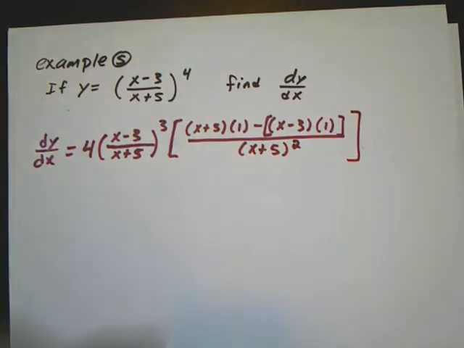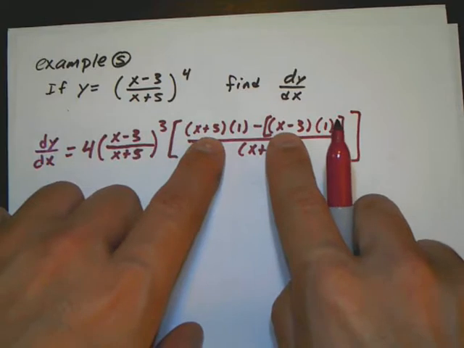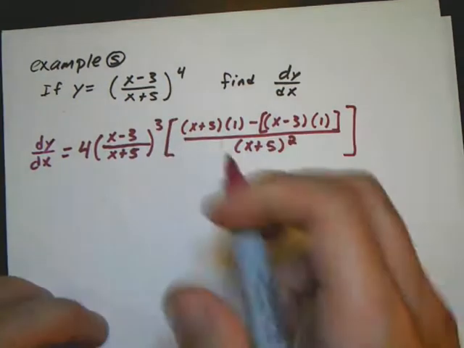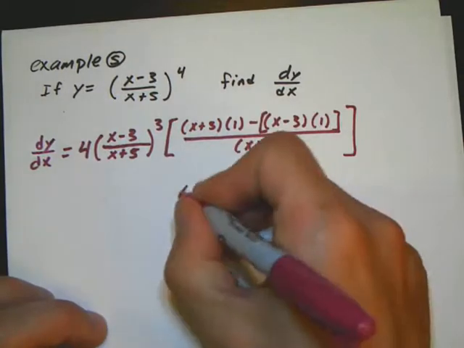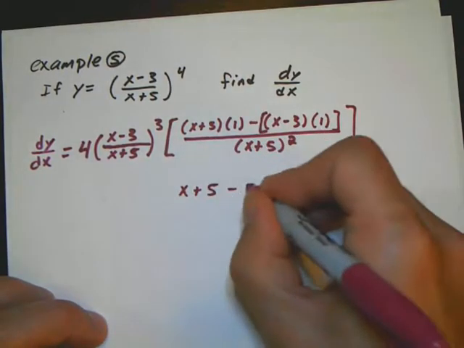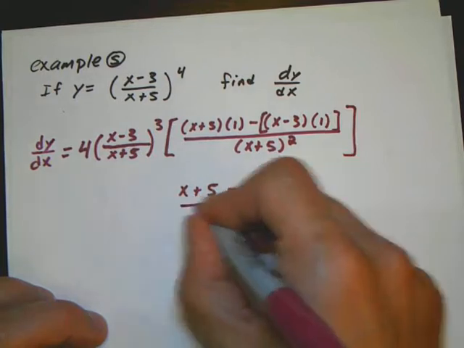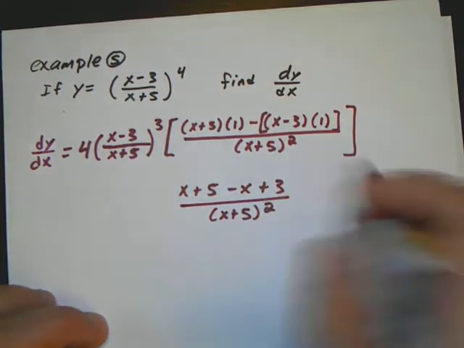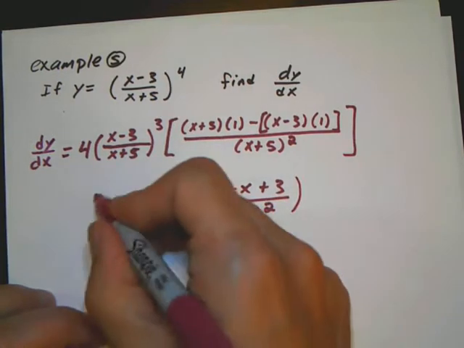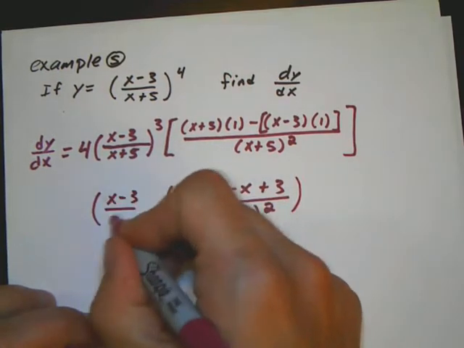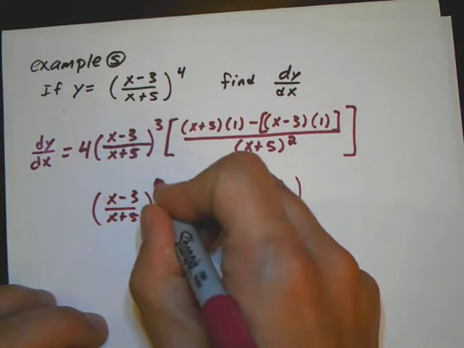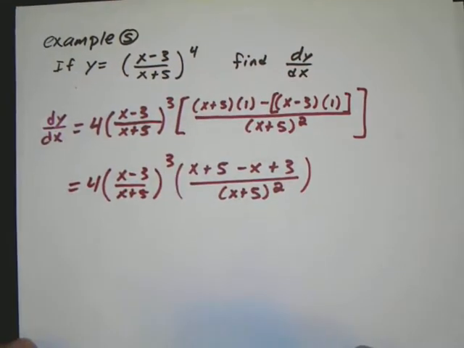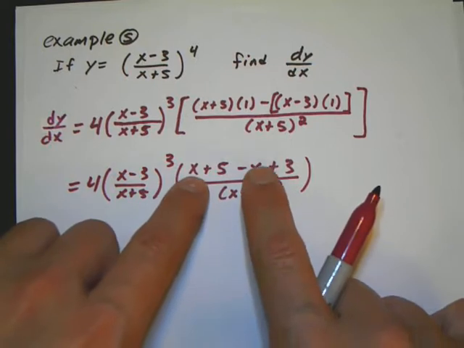Now all I can do is really simplify this expression. This is going to be left alone. So I'm going to distribute the negative, so it's going to be x plus 5 minus x plus 3 all over quantity x plus 5 squared, and recopy this x minus 3 over x plus 5 quantity cubed, multiply that by 4, and notice I have a positive x and a negative x, so that's going to cancel out.